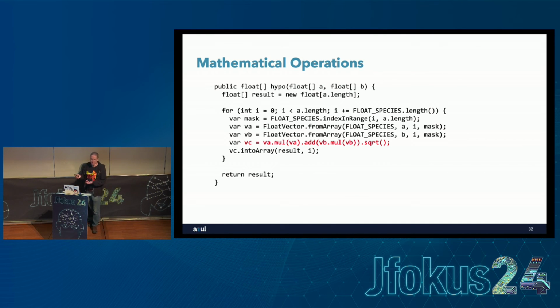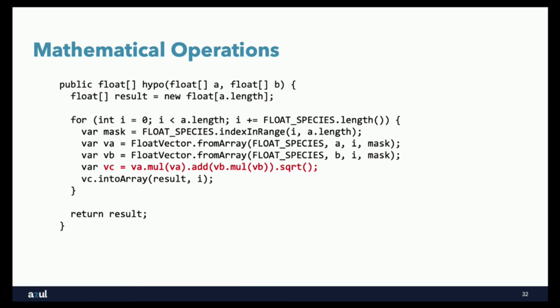And so here's a simple example where we're doing some mathematical operations. We want to calculate the hypotenuse based on Pythagoras. So we've got two values, a and b, and we're doing a squared plus b squared equals c squared. In terms of using that with vectors, what we can do is populate the float values into our first vector for the a values, populate the b values into a second vector, and then we create a third vector, which is the result, by calling va.multiply by va, a squared.